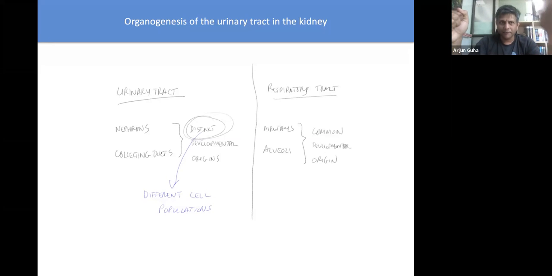The nephrons originate from a completely different population of cells, and we will see what those populations are. And then finally, these two are stitched together to make the entire urinary tract. The respiratory tract, of course, as we've already seen, contains an epithelium which is derived from a singular population of cells that gives rise to both the airways and the alveoli.